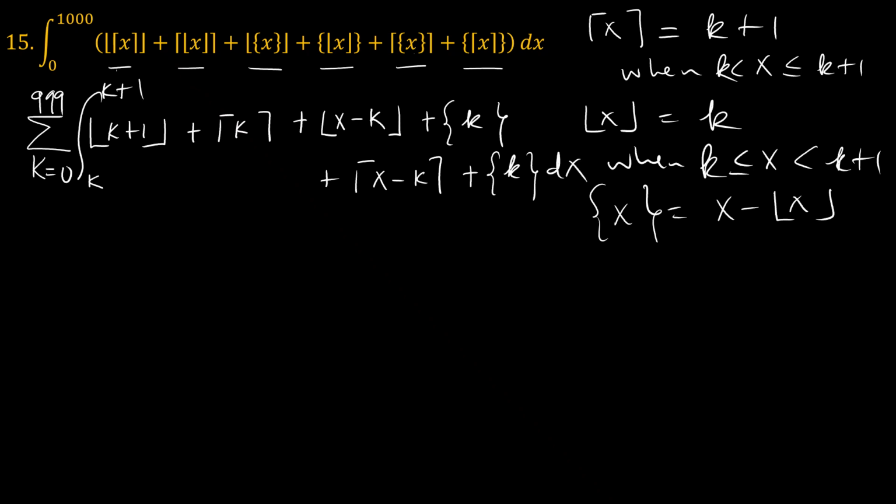Now another thing to note is since this here is an integer, the fractional part of that will be 0. And since this is a fraction, the ceiling of that will be 1. This is k plus 1, and this is k.